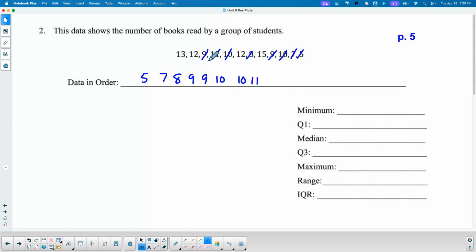I got 2 12s. 13 and a 15, right? Yes, 13 and a 15. Okay. Minimum value, 5, maximum value, 15, which makes my range be 10, right? Max minus min, 15 minus 5 is 10.